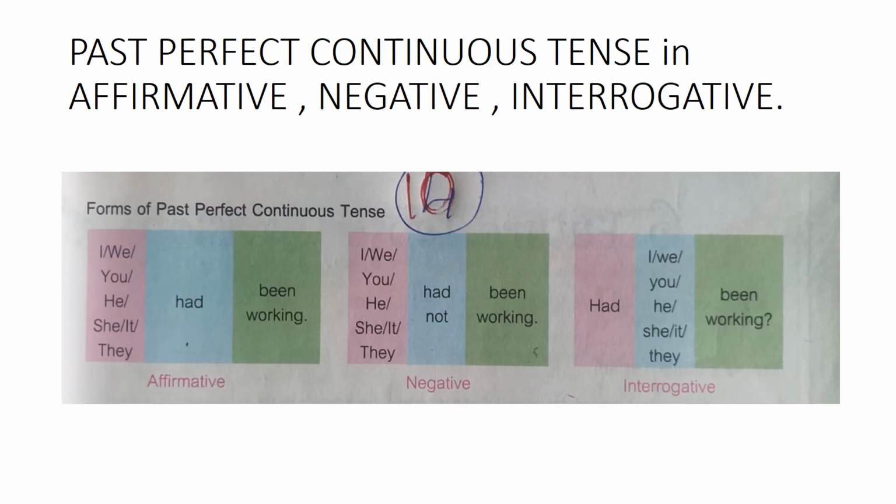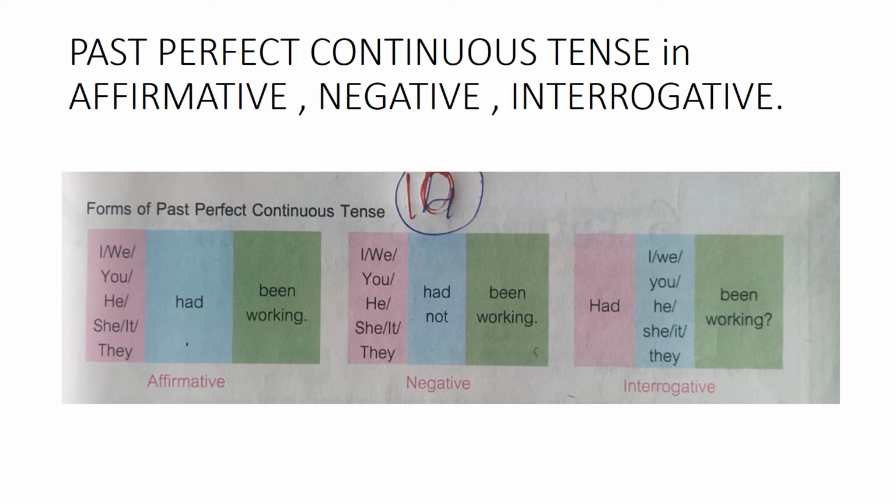Past perfect continuous tense. We are talking about an action that began before a definite moment in the past, continued up to that moment, and was still in progress at that moment. In the affirmative, we use had been plus verb ending in ing.